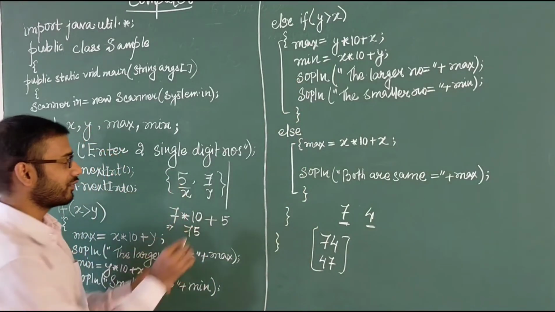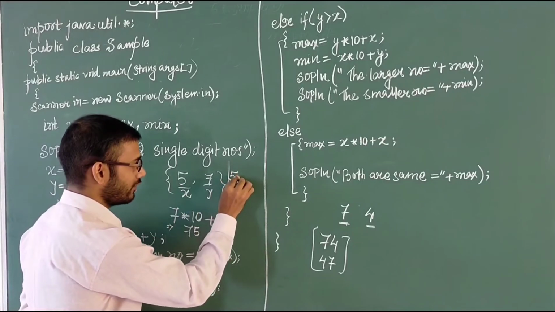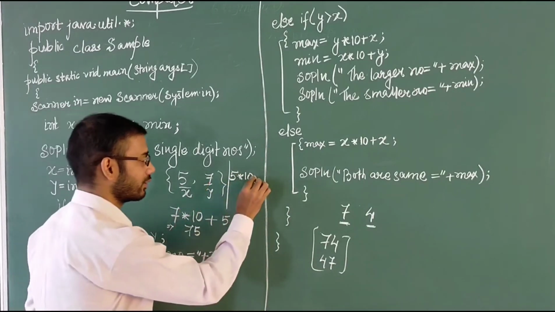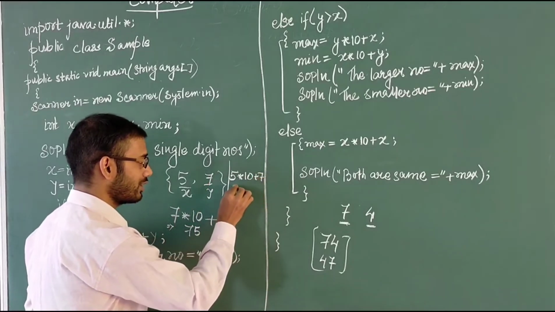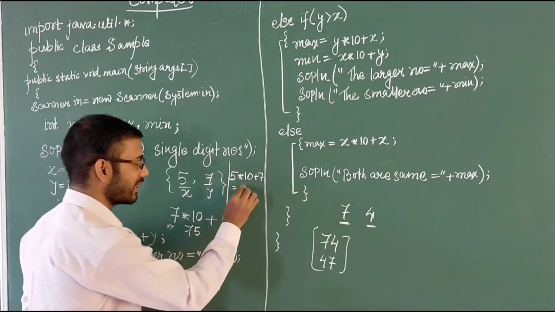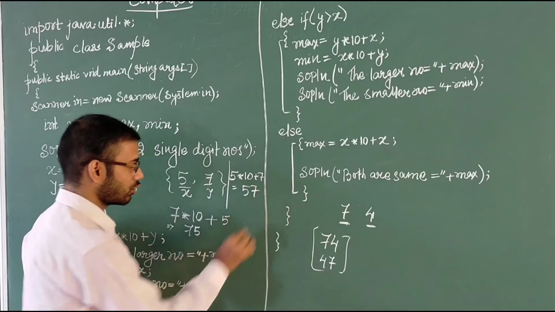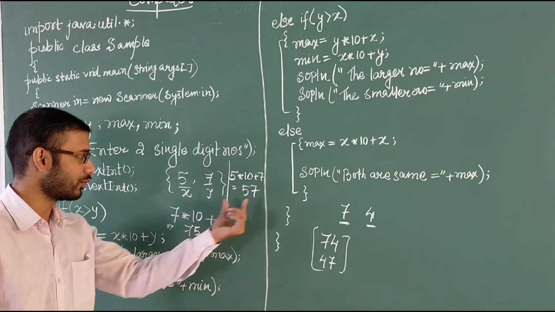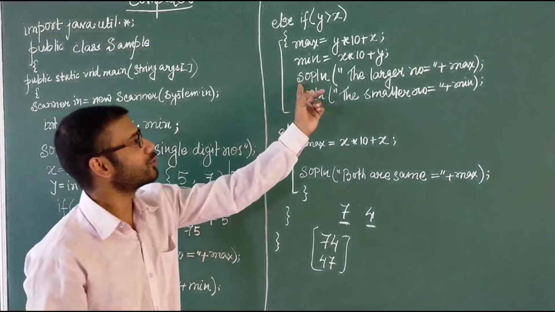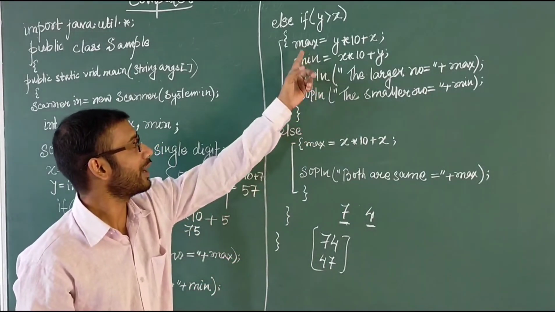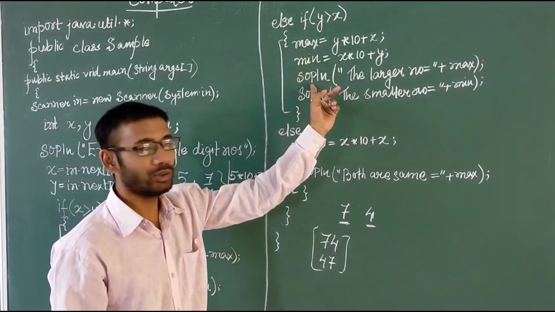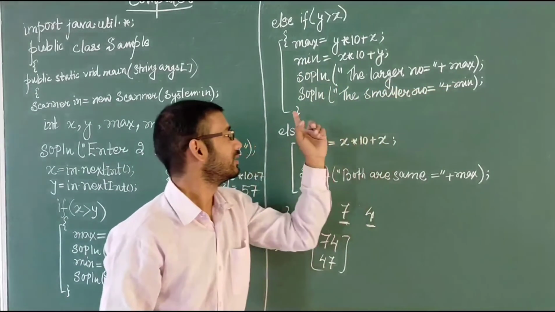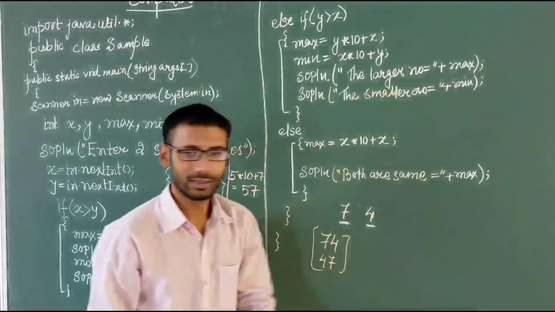X is 5, 5 into 10 plus y. How much does it become? 57. So our answer came. The larger number is 75. The smaller number is 57. As soon as the answer is stored in max and min, we would like to display the answer. That is, the larger number is max, the smaller number is min.